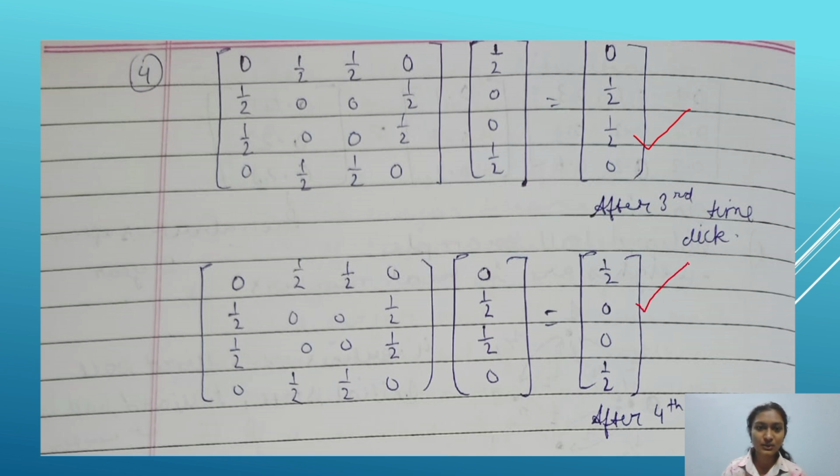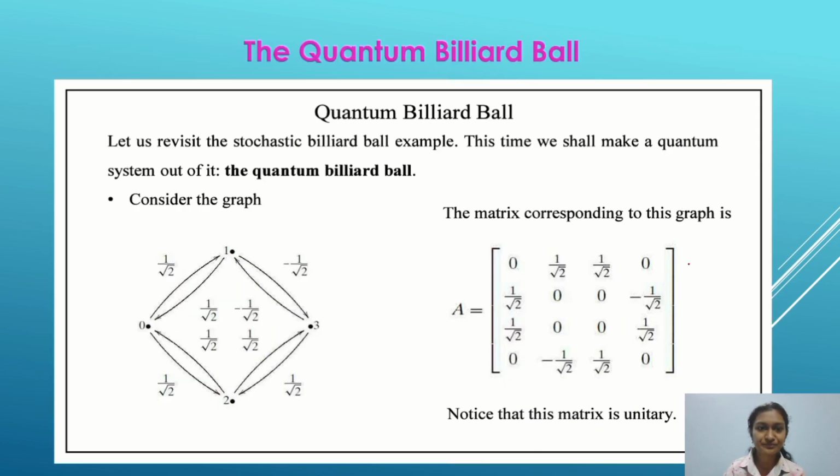Let us see now the quantum billiard ball. In the quantum billiard ball, the same is happening. The ball is initially at vertex 0. The amplitude of the billiard ball going from index 0 to 1 is 1 by root 2, as it is part of a complex number, and from 0 to 2 is also 1 by root 2, and the rest is given.